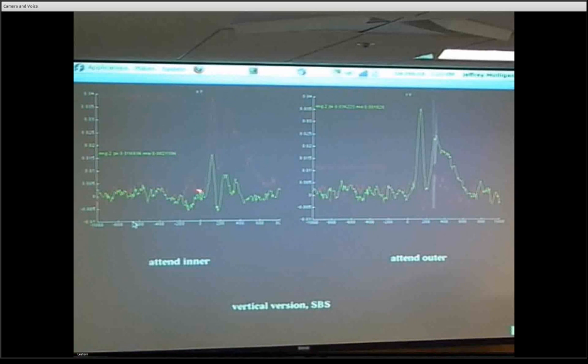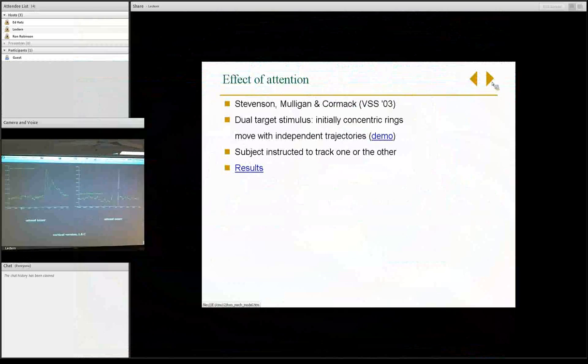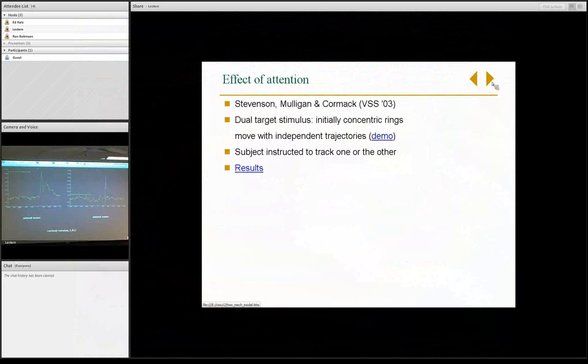But here we see in the unattended response it does. So basically, this big shoulder that's present for the attended response is gone in the unattended response, and now we've got a negative undershoot. And second subject, same thing.